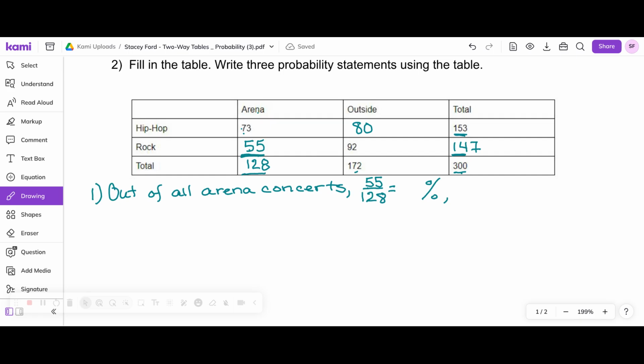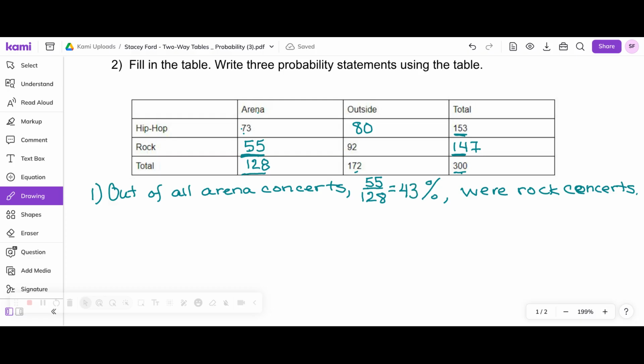So out of all the arena concerts, whatever that percentage of it is, were rock concerts. And then I go back on my calculator and times it by 100, and I'm going to get 42.9, which is going to give me 43%.